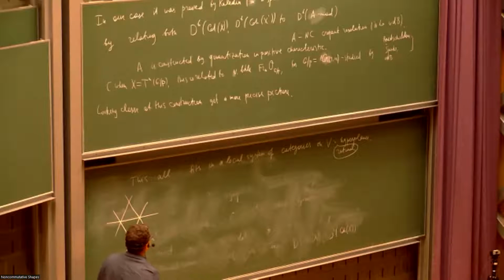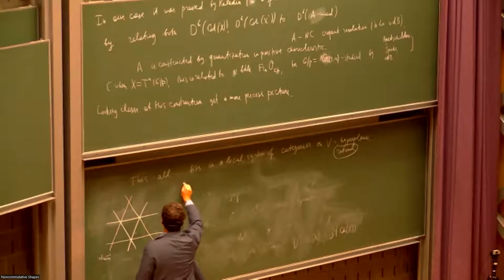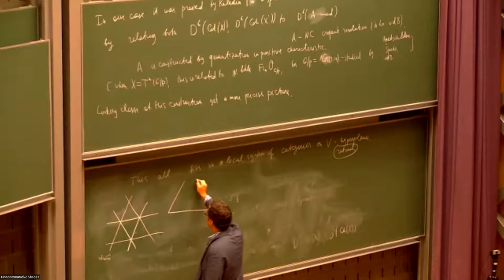So basically, if you remove these hyperplanes, in the real locus there will be some regions, which I call alcoves. And then in the complex domain, there will be some cones.